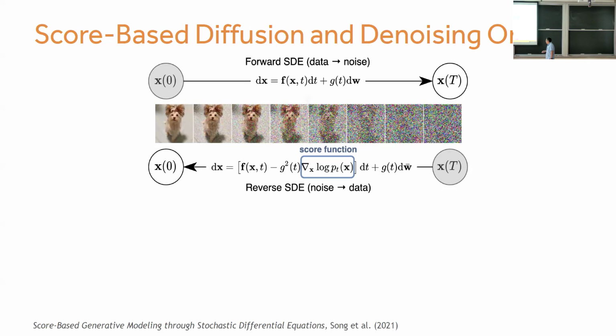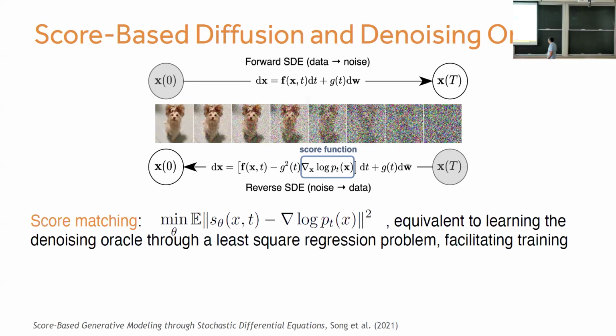But how do we find those reverse dynamics or score functions? There are multiple ways. One popular way to find the score function is through so-called score matching. It's very straightforward: matching the score in the least squares sense. When you have clean data X_0, with some mathematical manipulation you can transform this loss function into another least-squares-type loss function depending on the clean data, so that the optimization is quite easy.